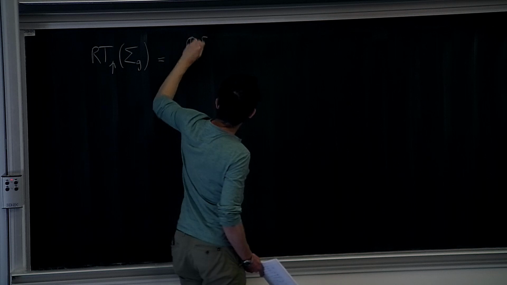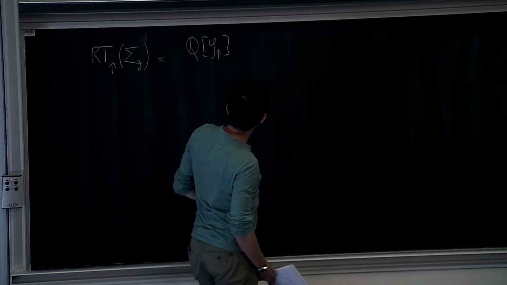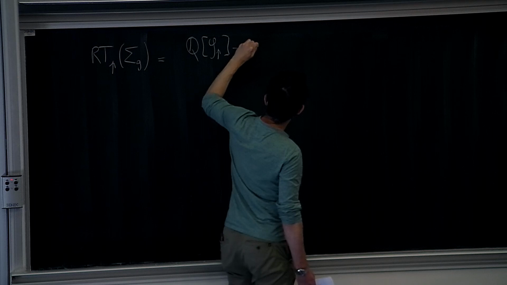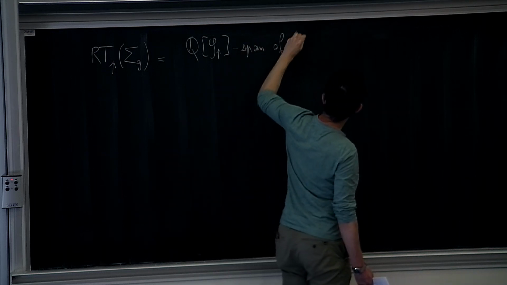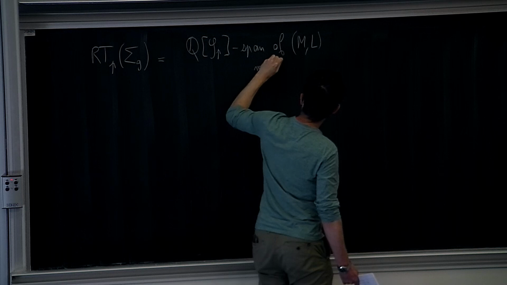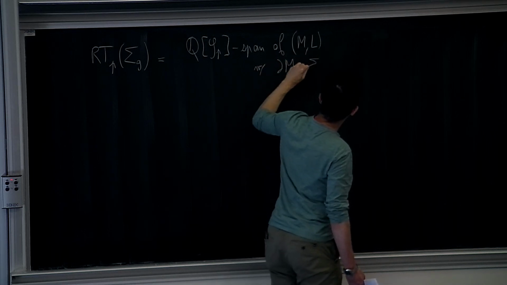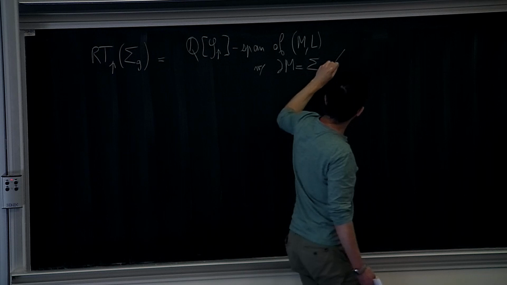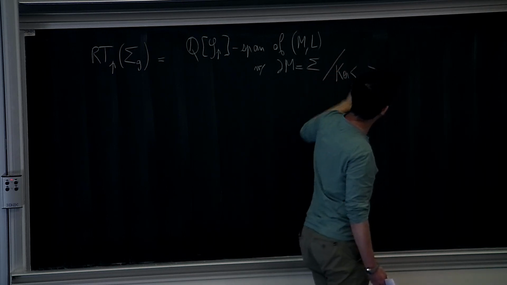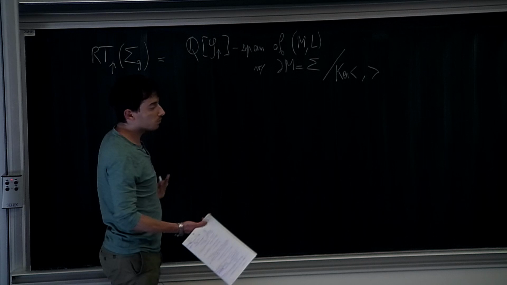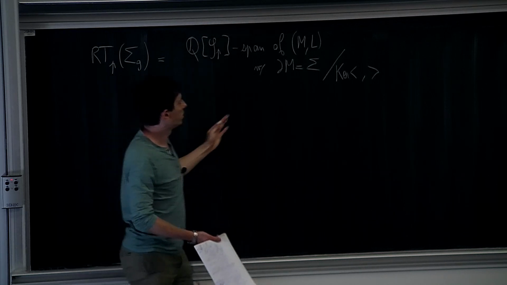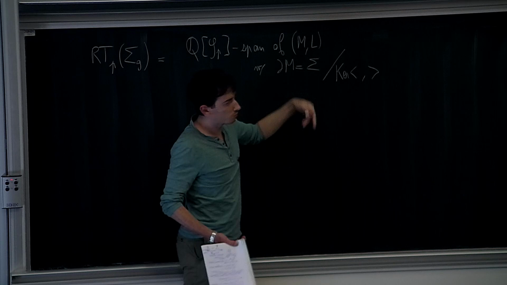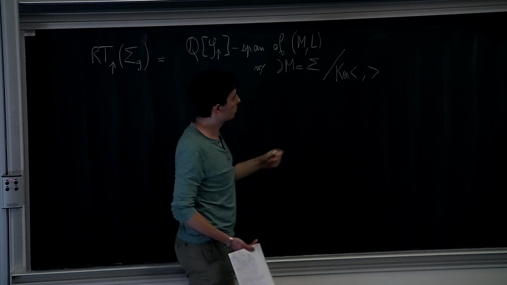So remember that we defined the vector space R_p of sigma by taking the Q span of the pairs (M, L) where the boundary of M is identified to sigma, modulo the kernel of the bilinear form, which was obtained when you close a manifold with boundary sigma with another one with boundary sigma, and then you take the invariant.